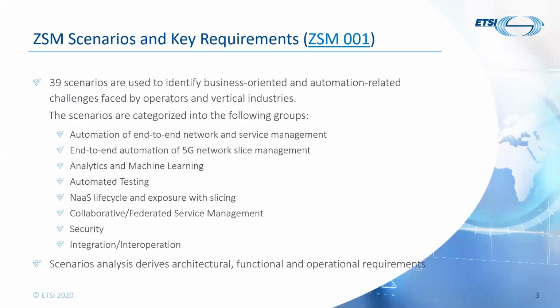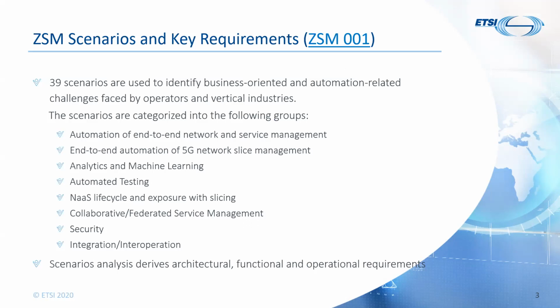For the purpose of document readability, the scenarios and requirements are grouped into several categories in ZSM 001. The first category is the automation of end-to-end network and service management. This category focuses on the automation of the operational task of end-to-end lifecycle management of network resources and services, from installing to commissioning to day 2 operations, upgrades, and decommissioning.